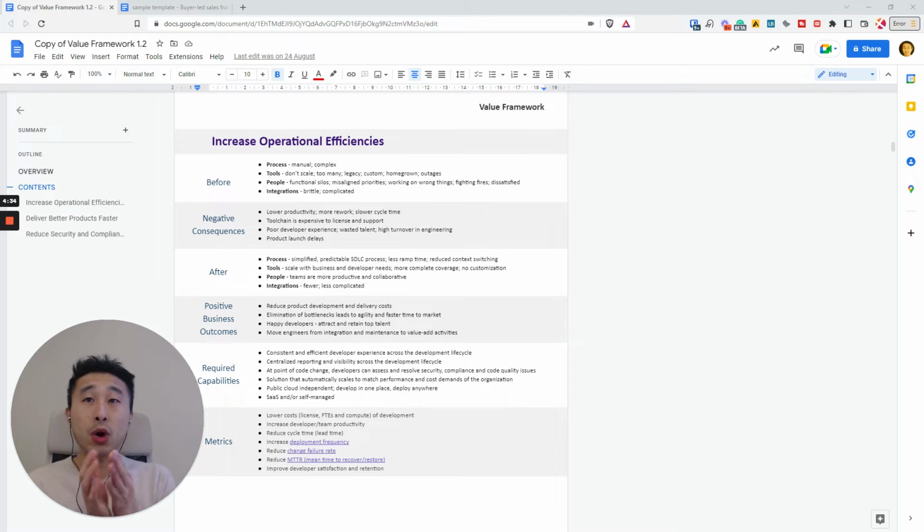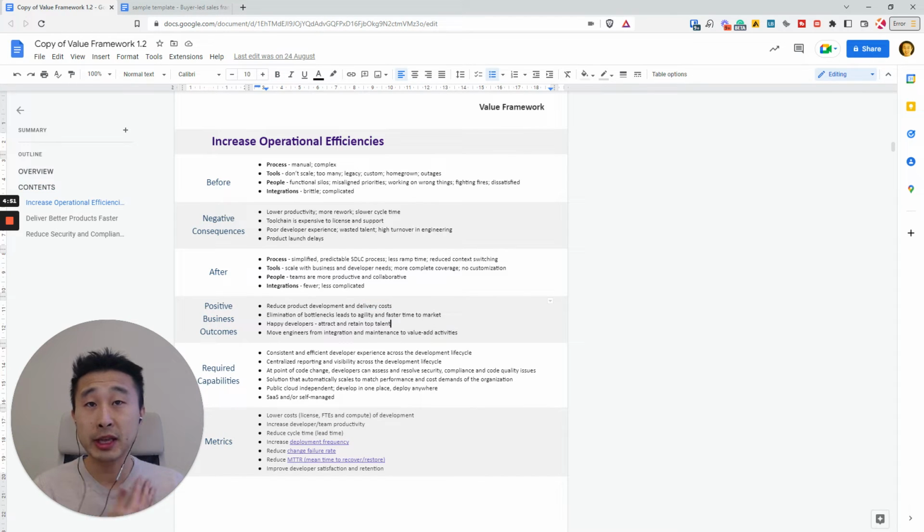Then you'll also articulate the positive business outcome, because the tool is really a bridge. You will need to pitch to get them into the final destination. This is you will get reduced product development and delivery costs. You will eliminate the bottlenecks, leading to agility and faster time to market. Happy developers.